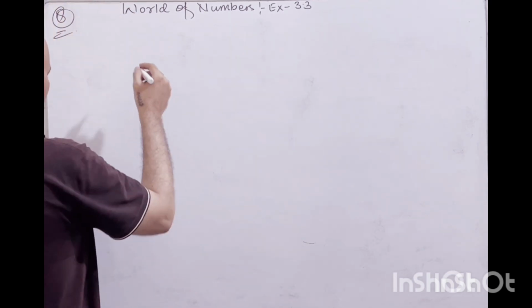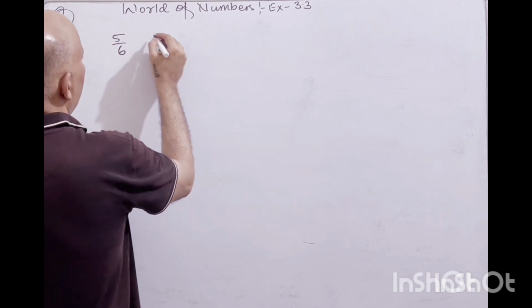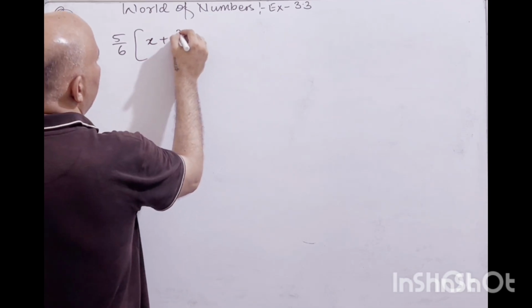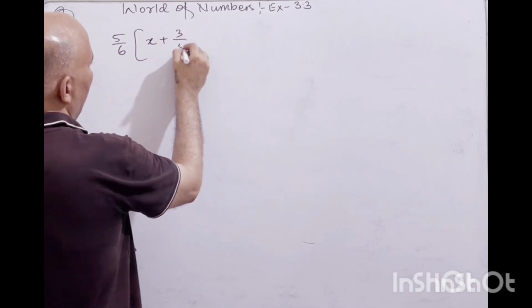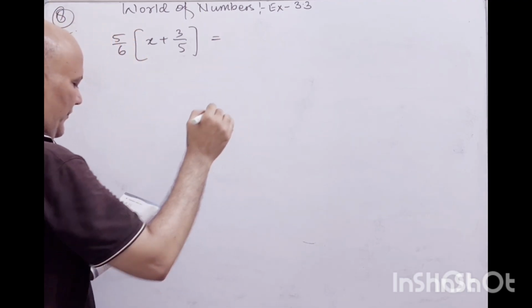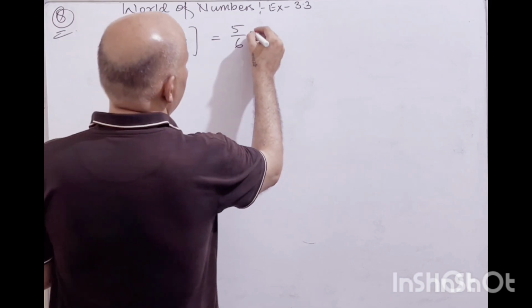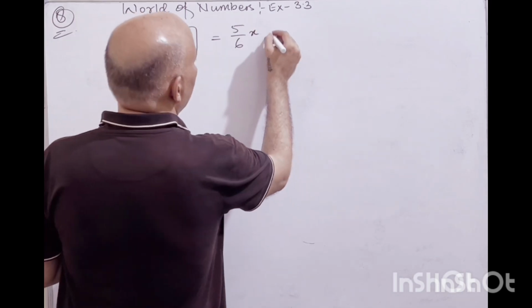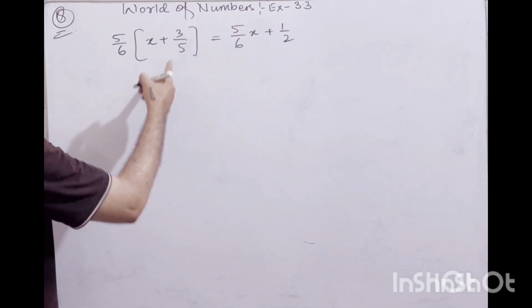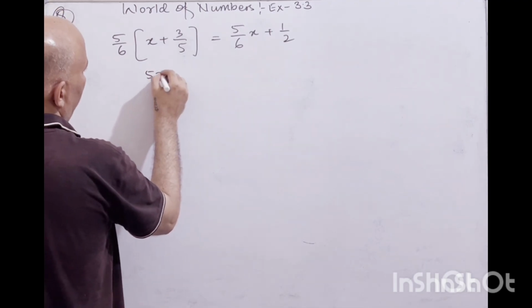Let's first write 5/6 x plus 3/5 is equal to 5/6 x plus 1/2. Okay, first let's apply the distributive property.